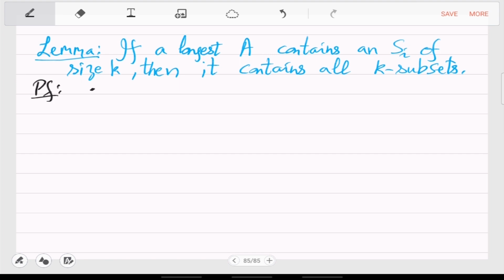So we show this through an intricate proof, again using the things that we have developed till now. So let S be the subset we are looking at.